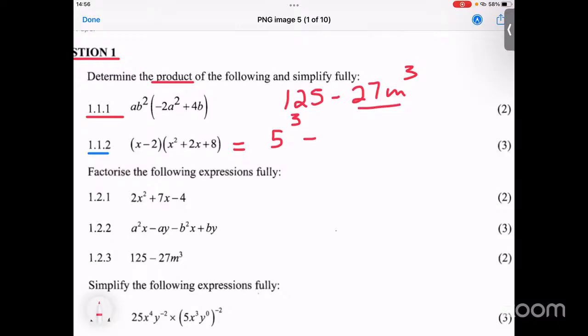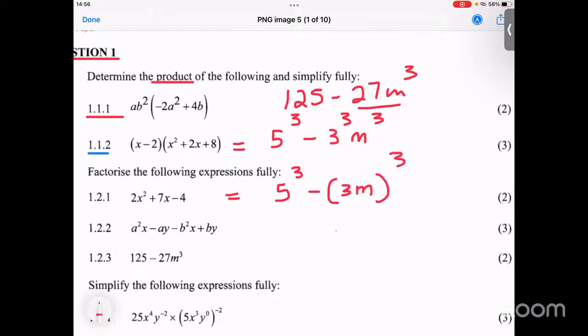Is it not 3 to the 3 and then that one of m? Is it not m to the 3? Definitely, that is exactly what it is. So remember, you have 5 to the 3, which is exactly the same as 3m to the 3.